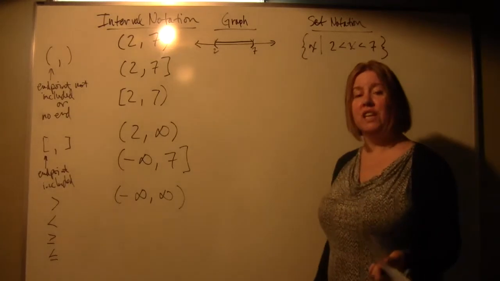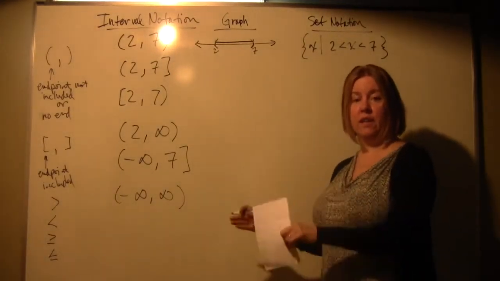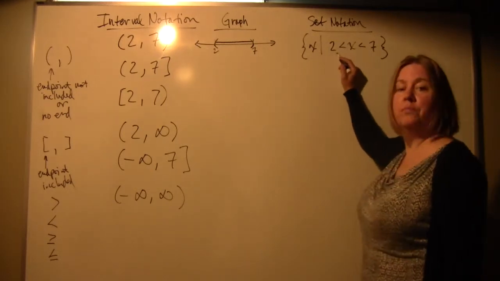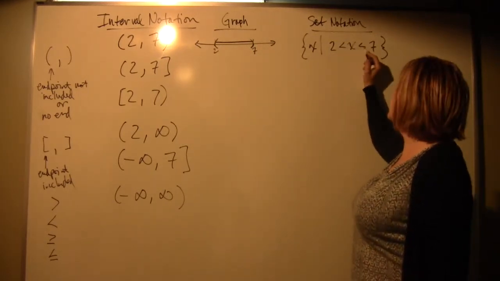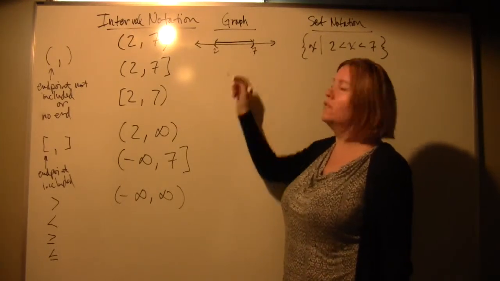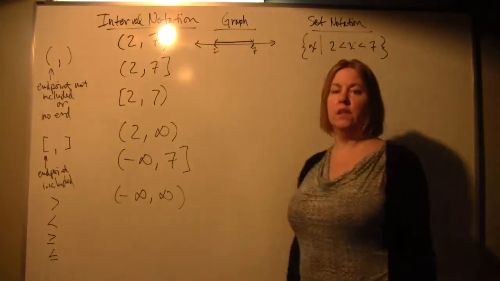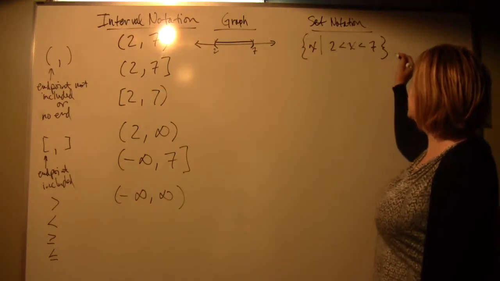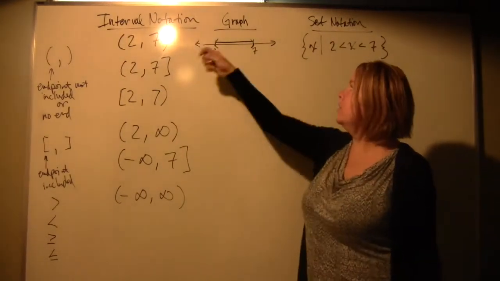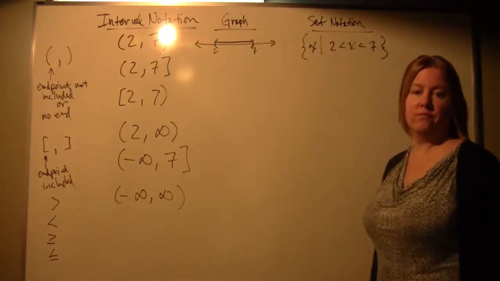And you can actually read inequalities from right to left or left to right. So x is greater than 2 and x is less than 7. X is greater than 2, less than 7. X is between 2 and 7. So all three of those stand for the same set of numbers: interval, graph, and set notation.